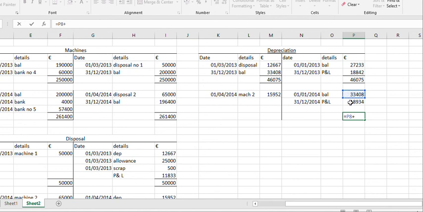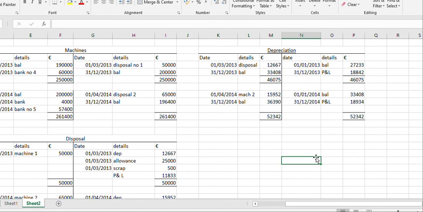It's clear that the credit side is bigger. So the big number goes on both sides, and the balance on the 31st of the 12th, 2014 will be the difference between the two, 52,342 minus 15,952, 36,390.